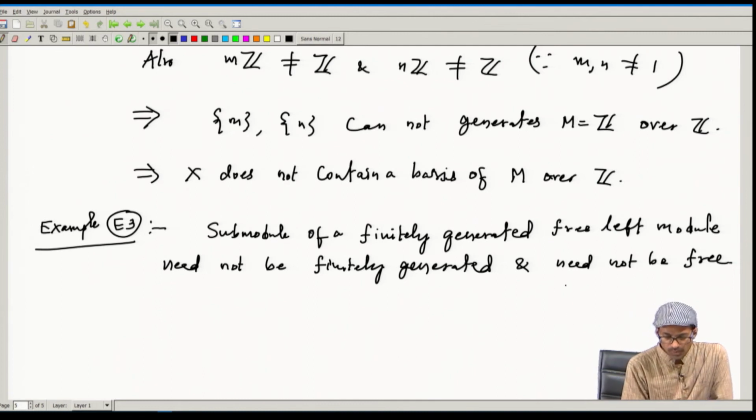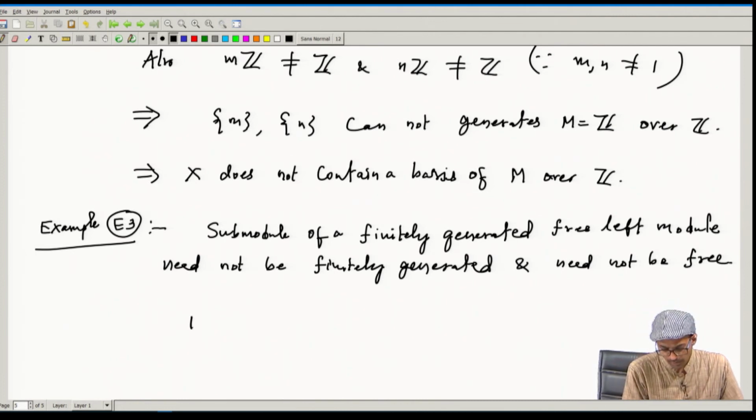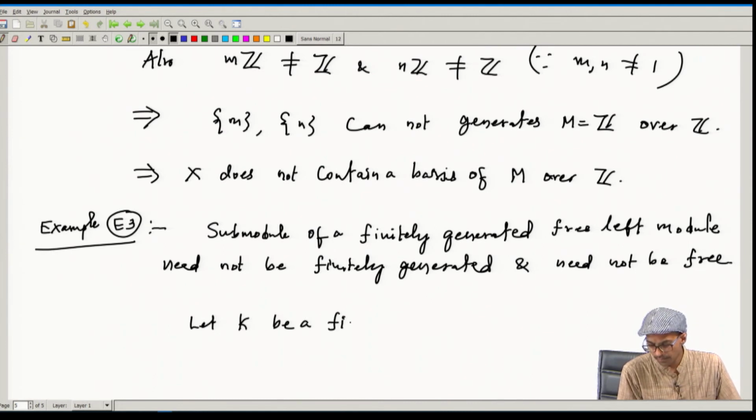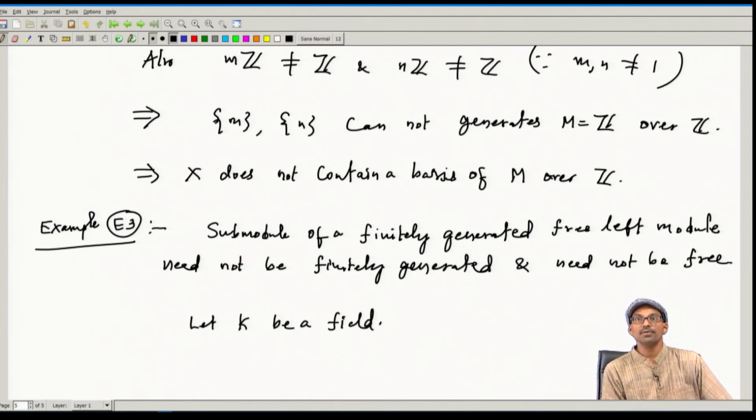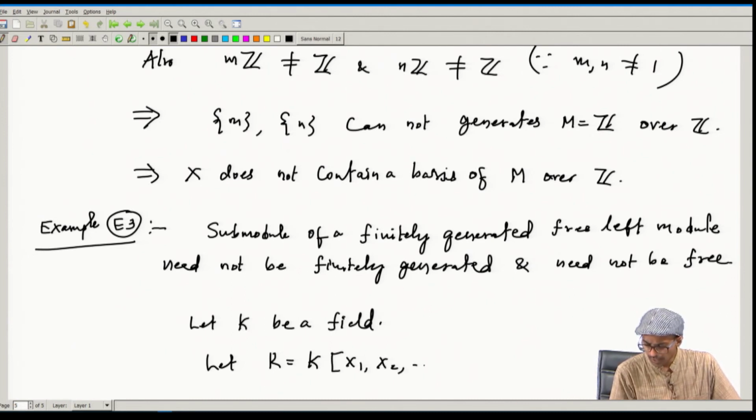Yeah, so let me take the following. Let K be a field, and let R equal K[x1, x2, and so on].